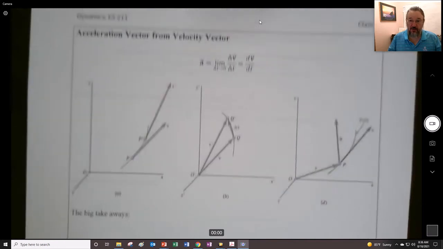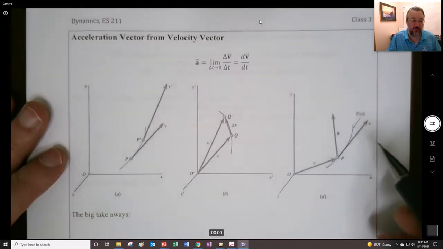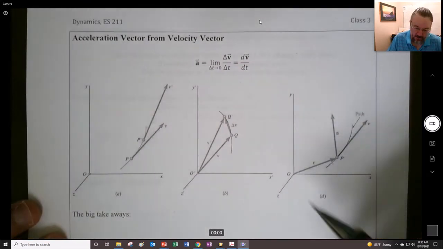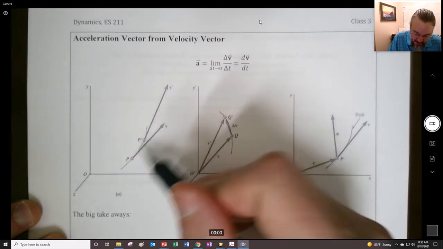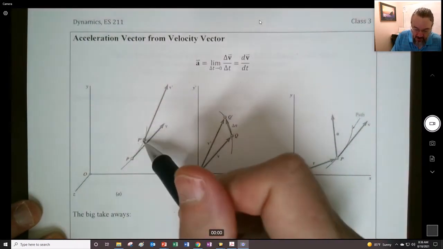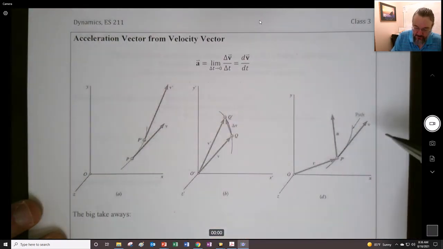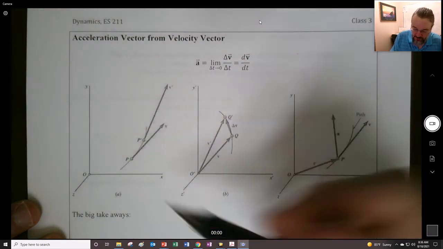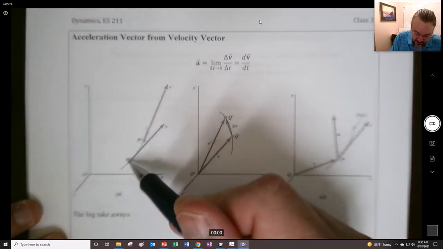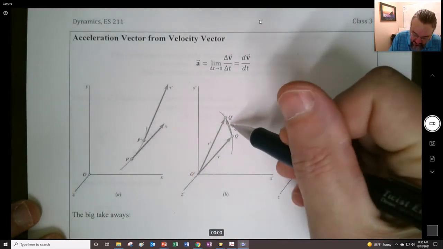Okay, but now if we go to acceleration, we're going to find out a couple big takeaways. First off, let's take two velocity vectors: a velocity vector at p and a velocity vector at some time later at p prime. If we make a triangle out of this, now we have a delta v.